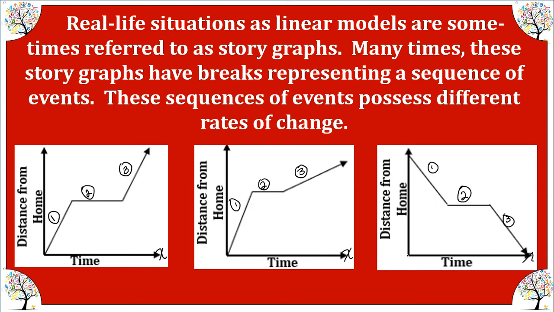At the beginning of time, when time is 0, we are away from home, and you can see we are coming toward our home. So in interval 1, we are moving toward the home. We take a break, and then we continue until we get home. So always read your labels to see what the situation is telling you.